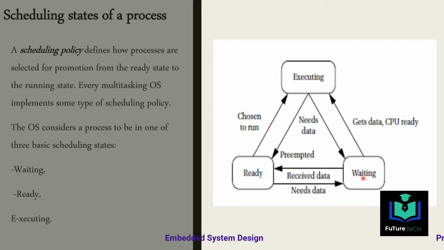Before the waiting state, another state you have is called the ready state. The ready state is already loaded or given priority for the next level of execution. It is just ready. The states are just loaded in the ready state.